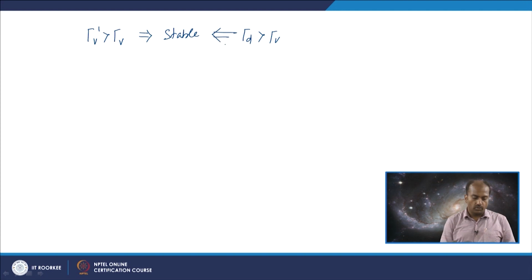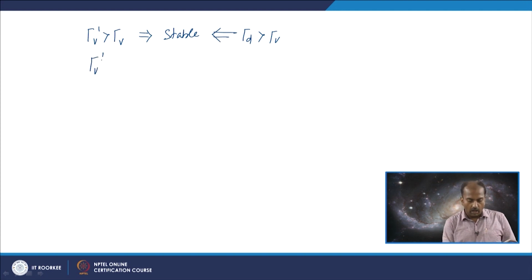Let us have them in parallel. Gamma v prime greater than gamma v is stable. We can rewrite this as gamma d greater than gamma v, both of them indicating a stable situation.